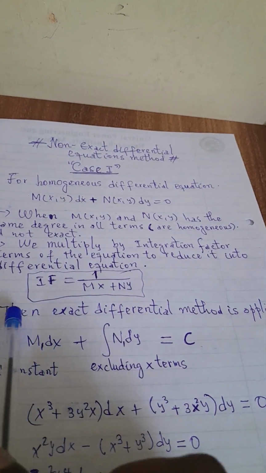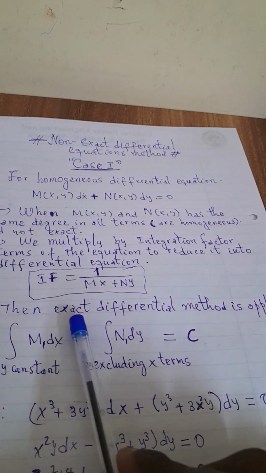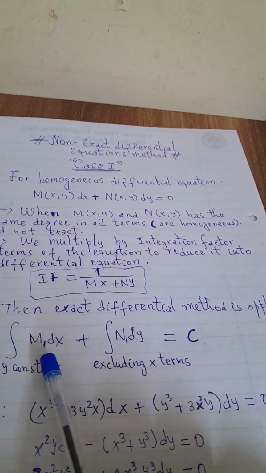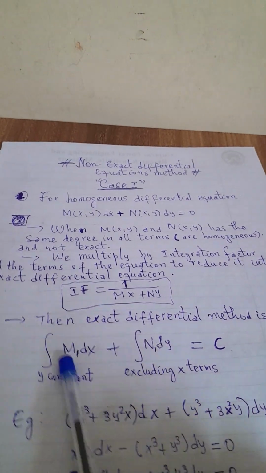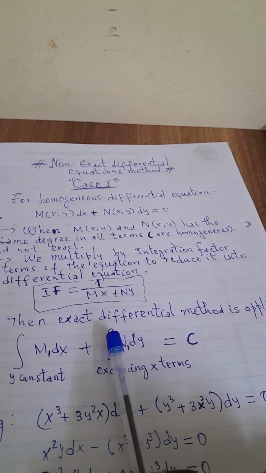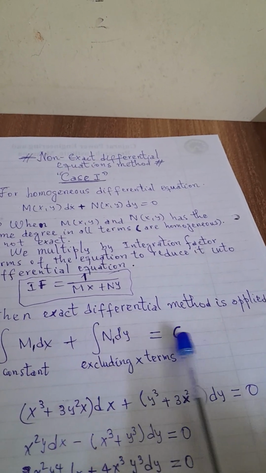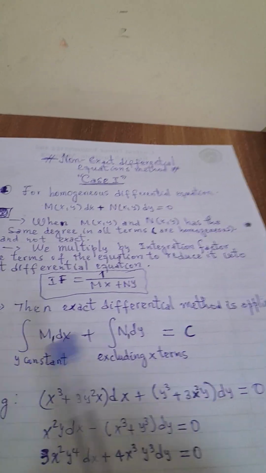Now that this is exact, we can apply the formula for exact differential equations: the integration of M1 dx, where y is a constant, plus the integration of the terms of N1 dy without x, equal to c. Here we exclude all the terms of x, and then we can solve.